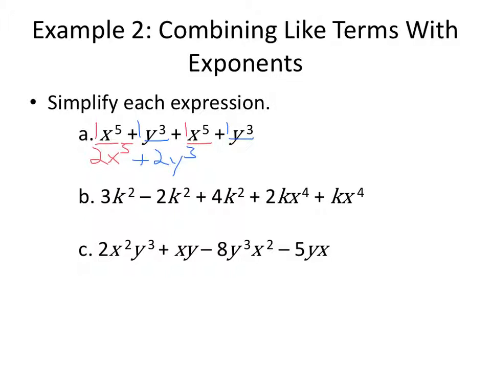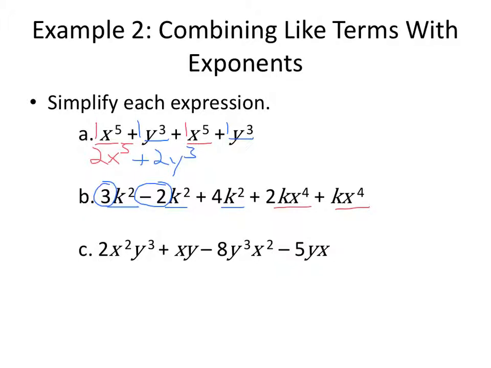With letter B, you also again have k squared, k squared, k squared. Those are all alike. And then here you have kx to the fourth and kx to the fourth, so those are alike. Let's first of all add our k squared terms. You will notice that you have a coefficient of 3, and then here you have a coefficient of negative 2.